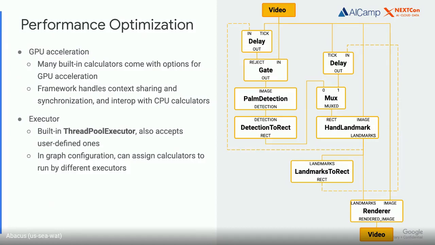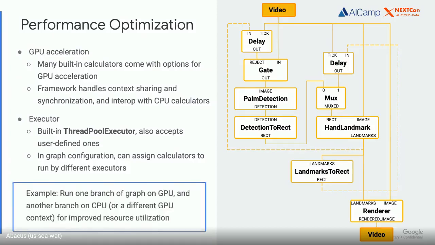And then MediaPipe allows you to associate the special processor cores with special calculators, so that those calculators that have a need for extra or certain kind of processing power can be assigned those processors.